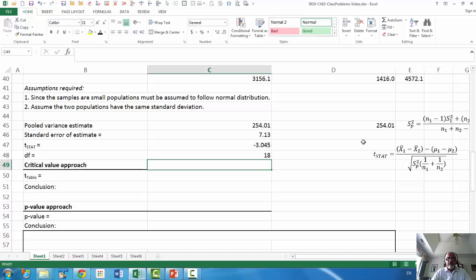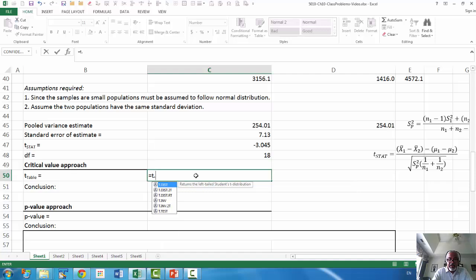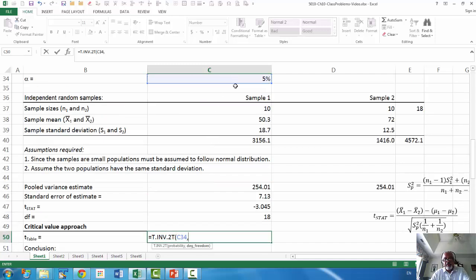Okay. So now to arrive at the conclusion, we can do a t-table approach or a p-value. We will do both table and the p-value. So t-table here is a two-tailed test. So we have t dot inv dot 2t. The probability is 5%. Degrees of freedom is 18.